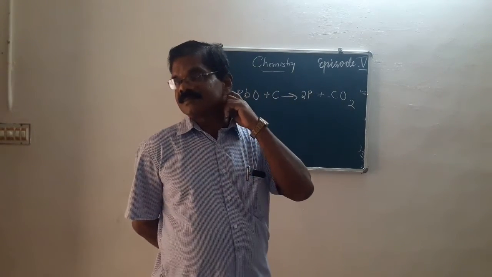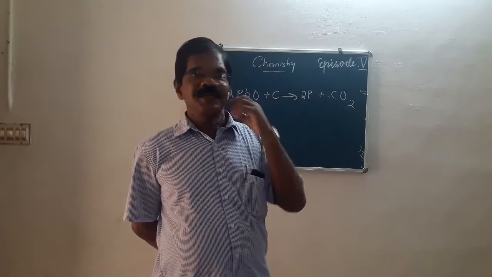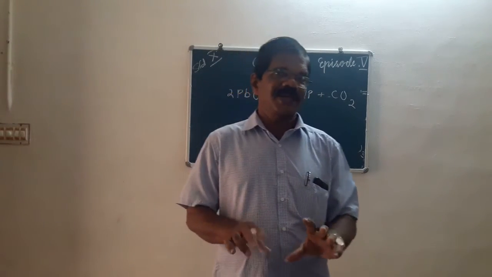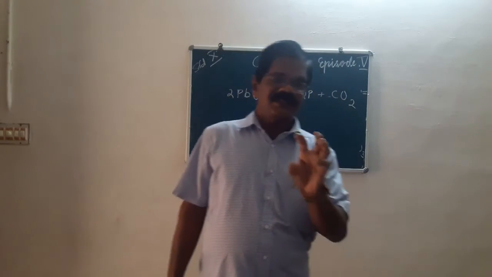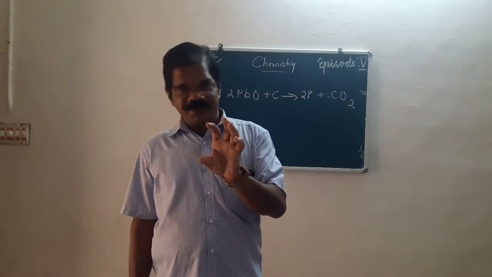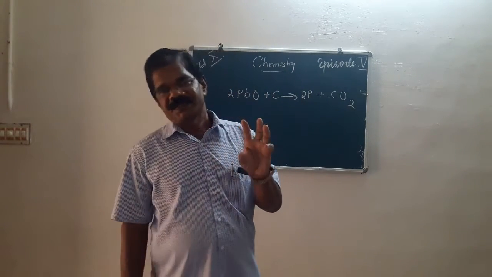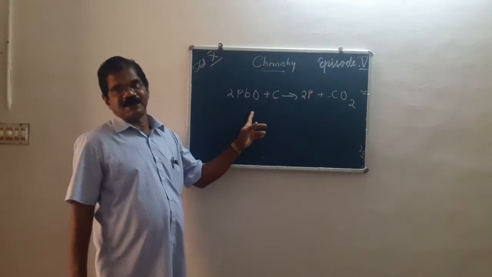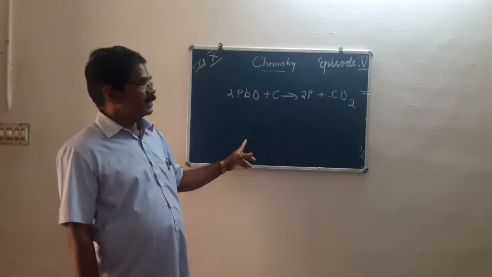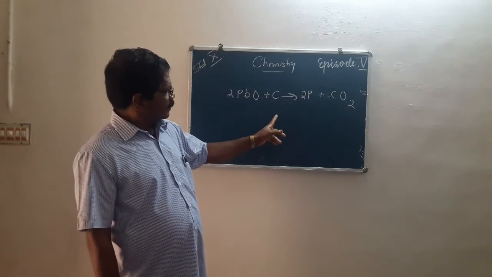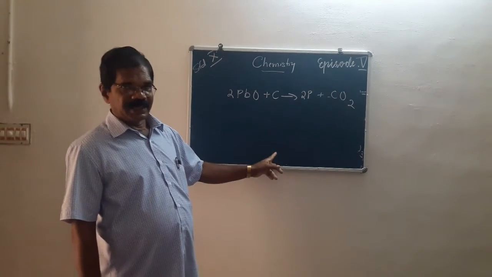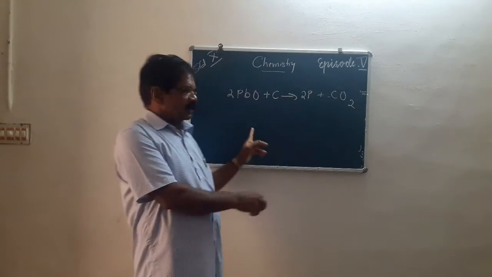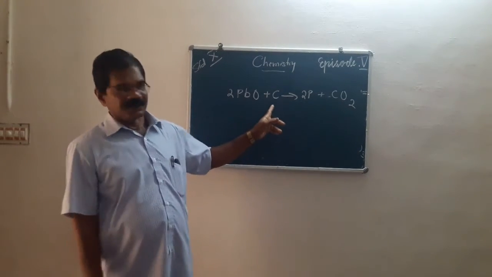Until you become an expert at balancing chemical equations, use the table method. In the table method, you write 3 columns. The first column is the name of the element, the second is the number of atoms on the reactant side, and the third is the number of atoms on the product side. Then you can balance and get a conclusion.